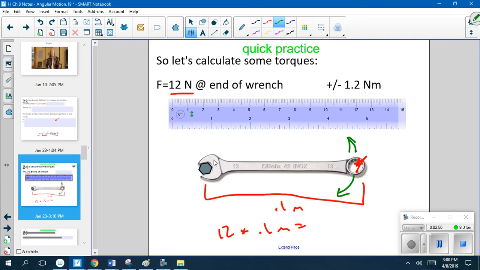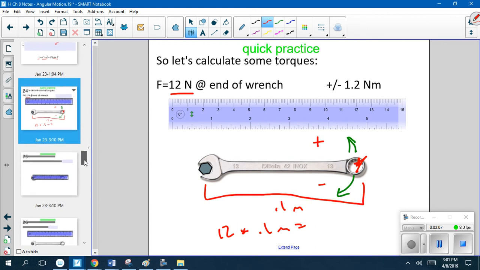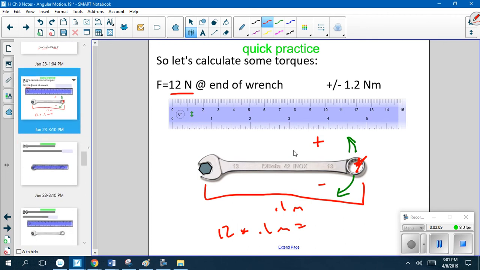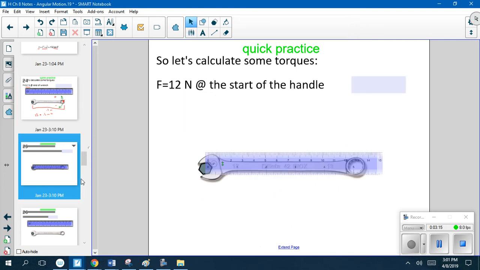That would be down, our negative direction. Or you can go counterclockwise, which would be positive, making the bolt come out, our lefty-loosey. That's the only time I'll show you positive or negative. For the most part, I'm just looking for the amount of torque, so you can go either way. Okay, moving on.